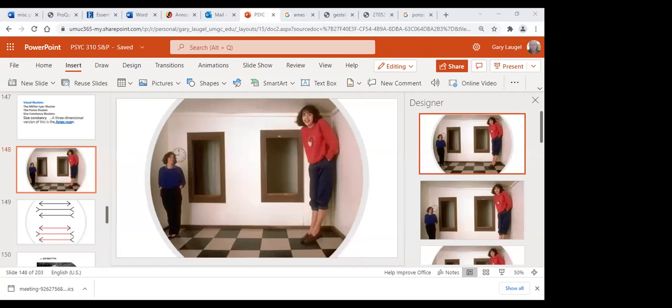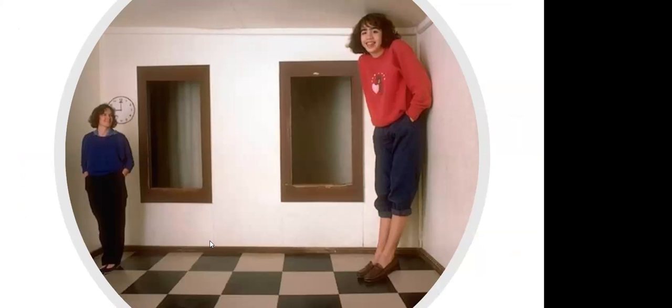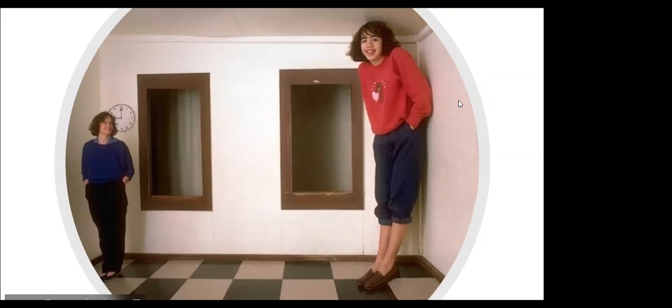So you'll see that if the effect works for you, you might say, gee whiz, look at the size of this person here and the size of this person. Well, guess what? The Ames room is actually built in a special way. In other words, the floor isn't really rectangular. The person on the right side here is actually very much closer to us than the other person.